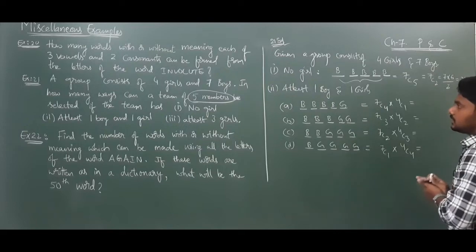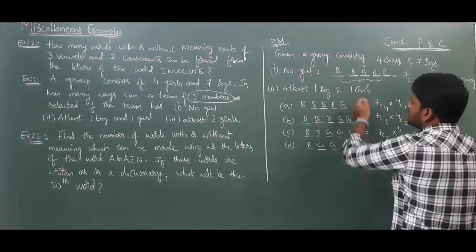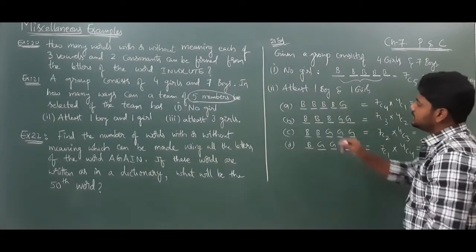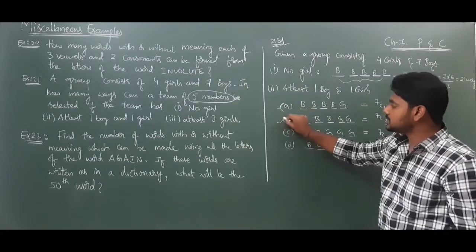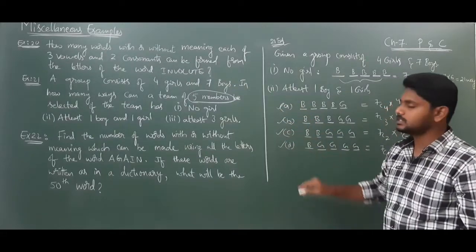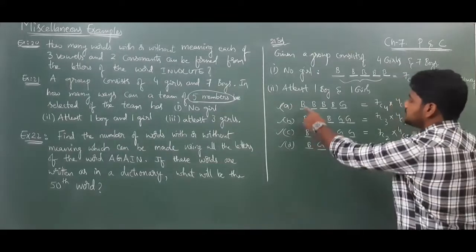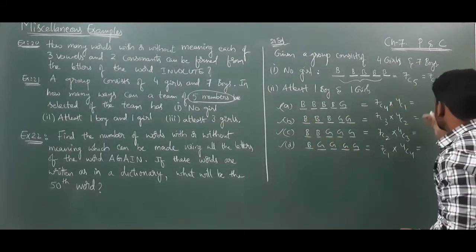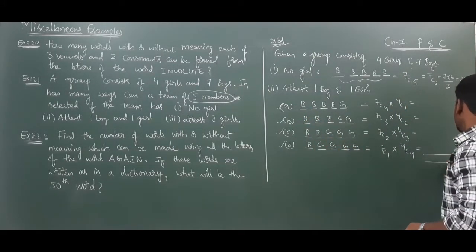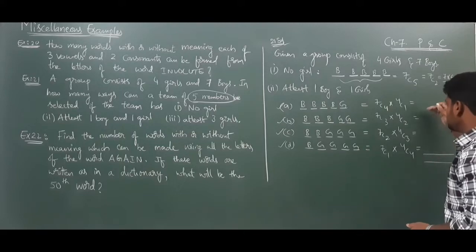Simplify this. Now, to get at least one boy and one girl, either this case is possible, or this case, or this case, or these cases are possible. Either this or this or this. That means after getting these, we need to add these 4.